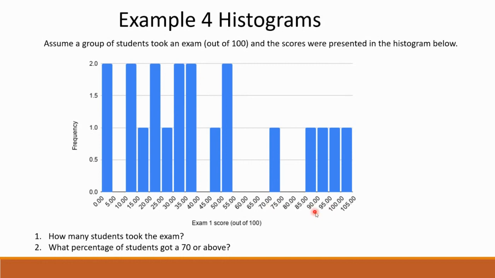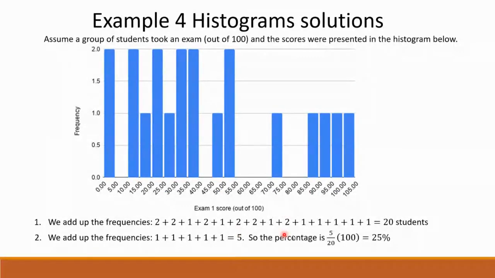So what we're going to have is 1, 2, 3, 4, 5. And 5 out of 20, times 100, is 25%. If you do that calculation, you get 25%. Okay.